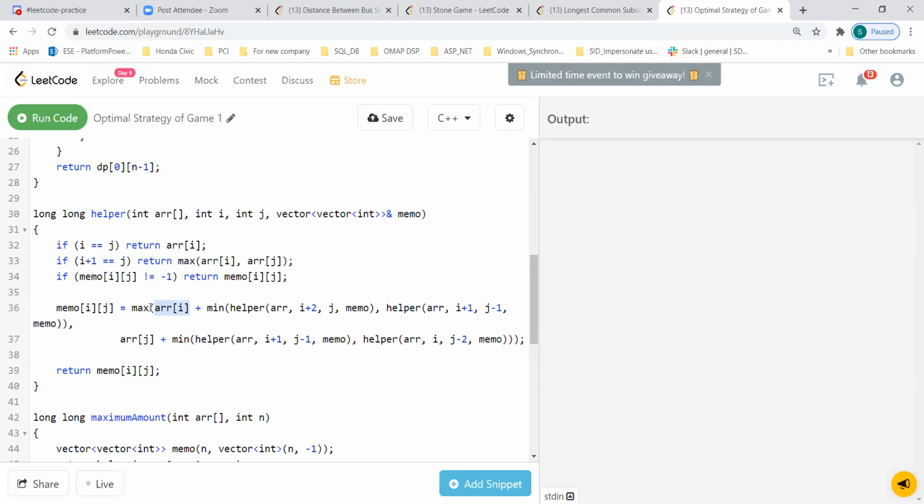And these two cases, this first case and this second case, whichever is the maximum value, I'm taking that. So if it's my turn, then I'll pick the max, and if it is the other's turn, then I'll expect that he'll give me a min. So this is what the optimal game strategy is.